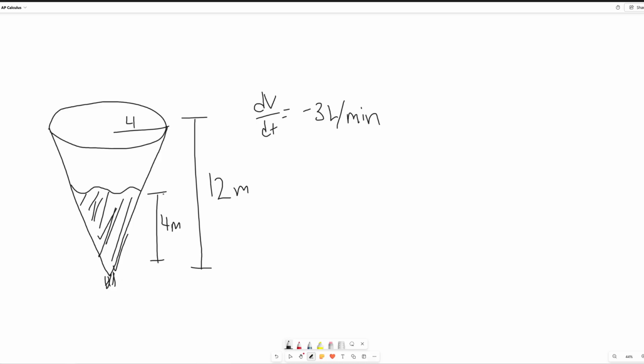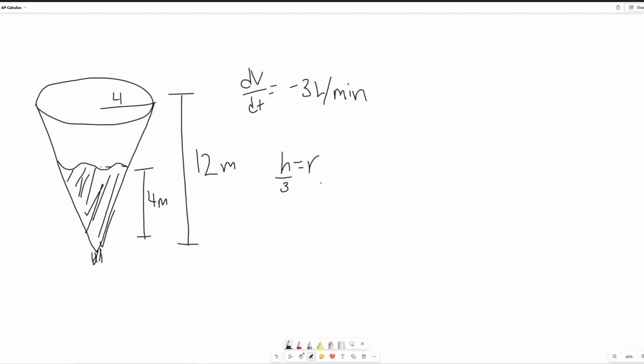Not sure if I'm doing my math right, but the height is just 3 times the radius, essentially. So yeah, it will be 4 over 3, the radius here. So that means we can just move some stuff around. Then the radius is going to be h over 3. And this will make our equation a lot easier to handle.